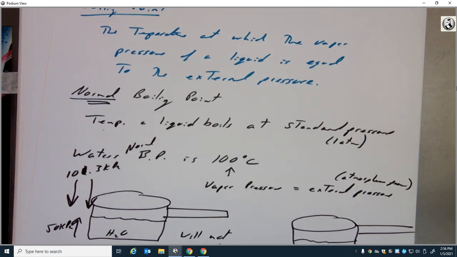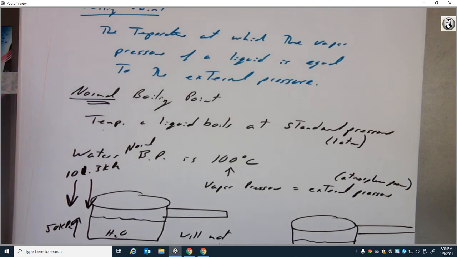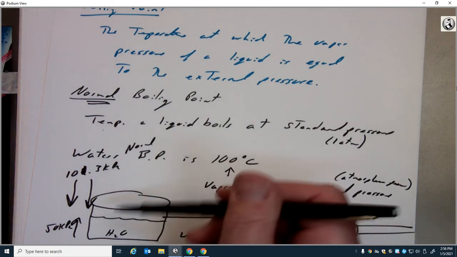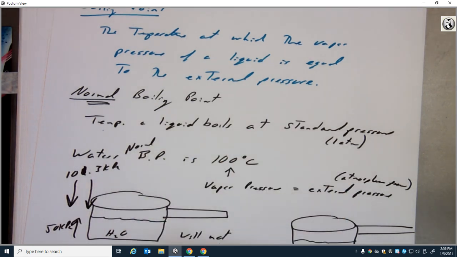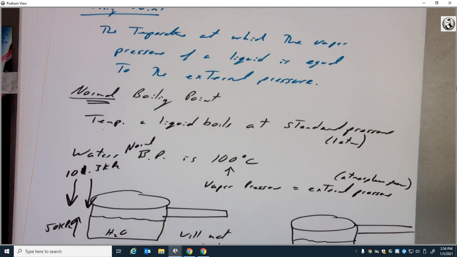So this will boil. Now remember, boiling is really this equalization of the external pressure and the vapor pressure of the substance.